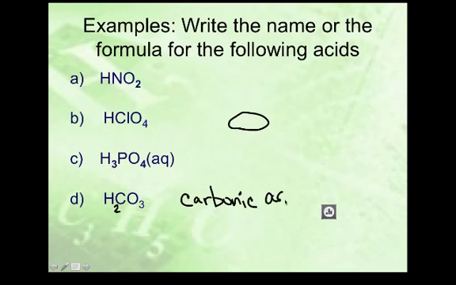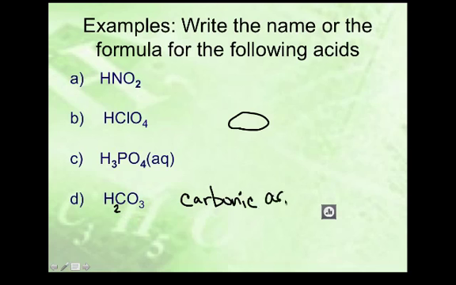Now we're going to go backwards, and we're going to write a formula from the name. Here are our steps, because this can get challenging, but we can handle it. Identify the anion involved in your formula. Just for a refresher, anions are negative ions, and the cations are positive.